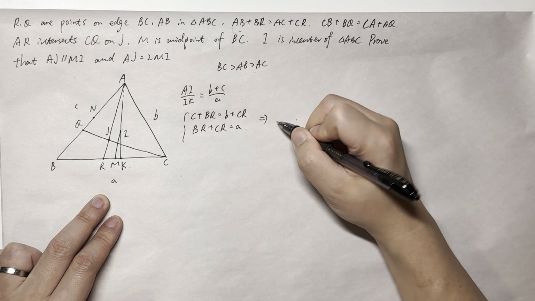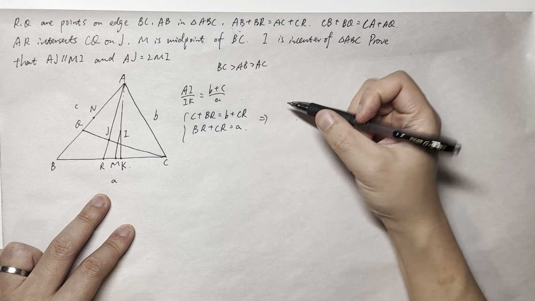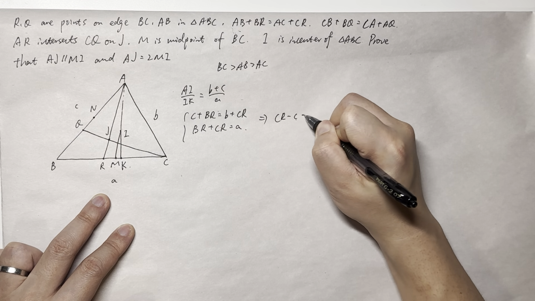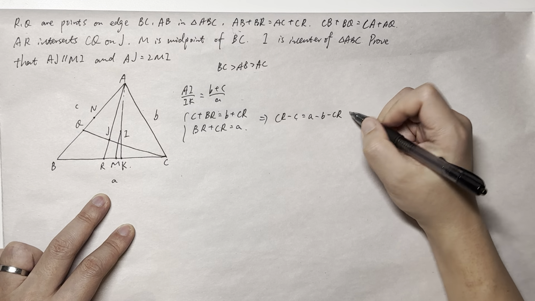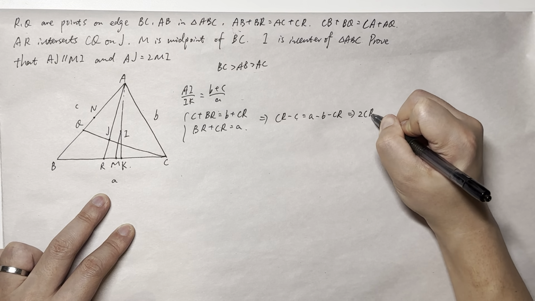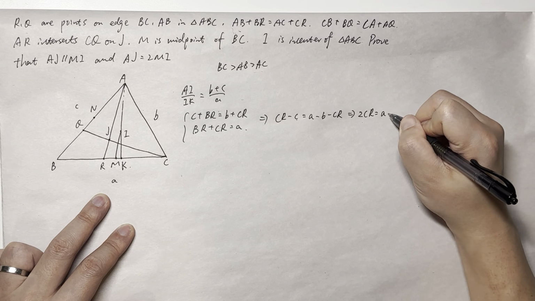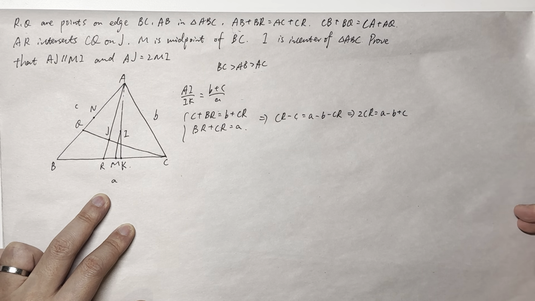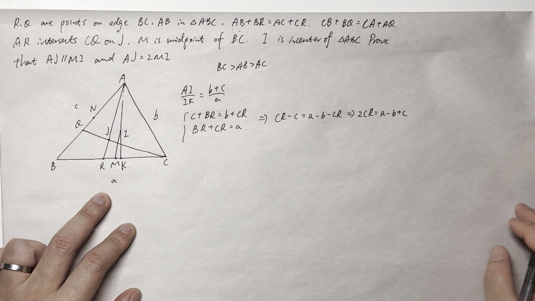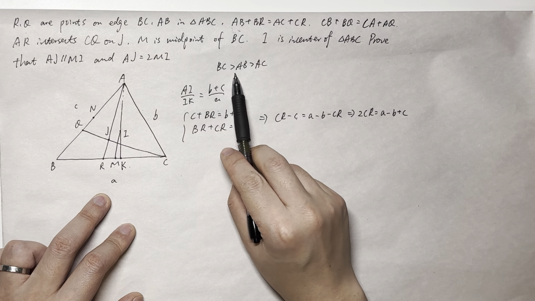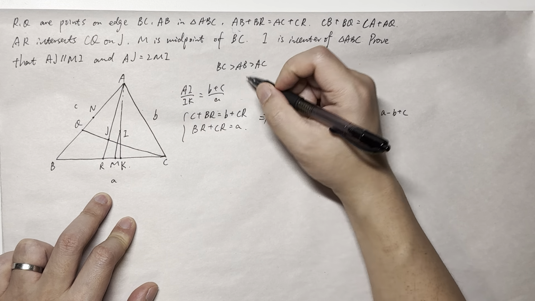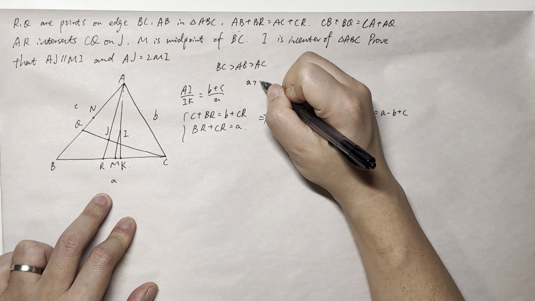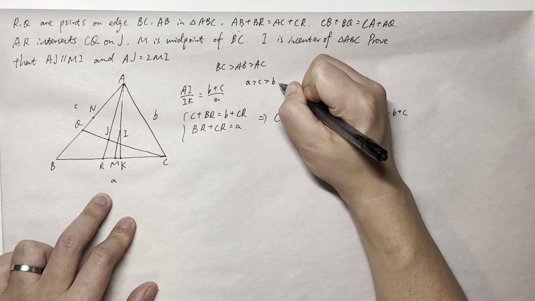Based on this, we use this one minus this. So we got CR minus C equals A minus B minus CR, which means 2CR equals A minus B plus C, right? And based on our assumption that BC is larger than AB and larger than AC, which means A is larger than C and larger than B, right?